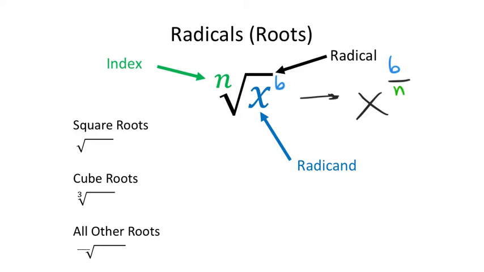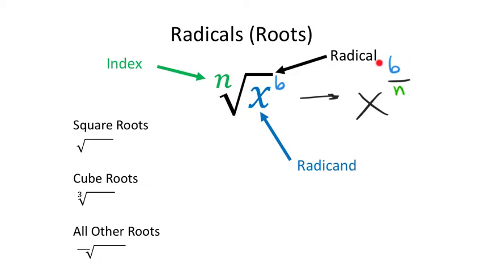Okay, so the index for the radical becomes the denominator. The exponent for the radicand becomes the numerator of that exponent. So this is the first time we're seeing this division of the exponents.